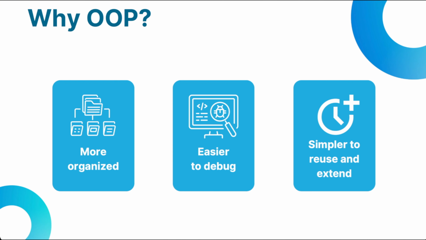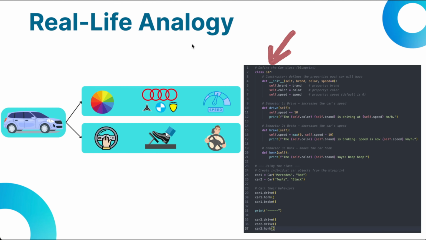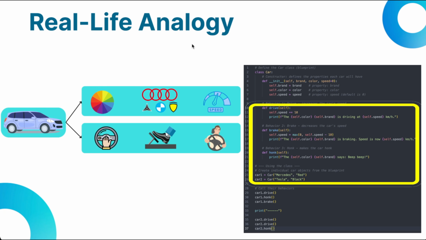To understand object-oriented programming, let's go back to the example we gave before. Imagine you're building a program that deals with cars. Instead of writing scattered pieces of code to track each car's color, brand, and speed, you create one blueprint called a car. This blueprint, or class, describes what every car has and what every car can do.